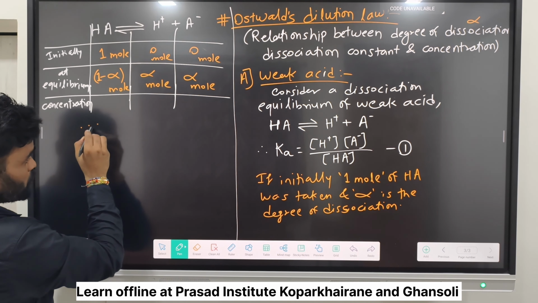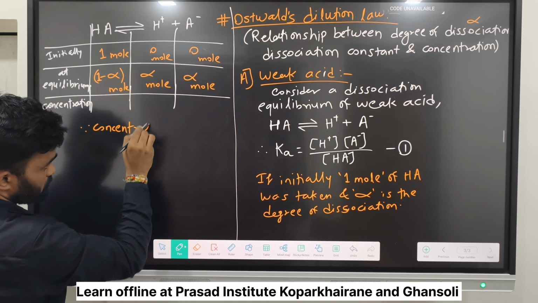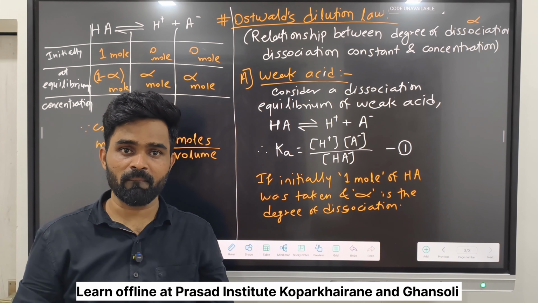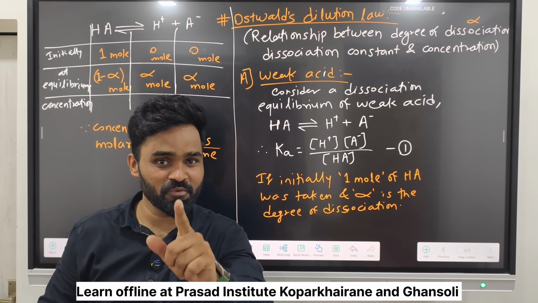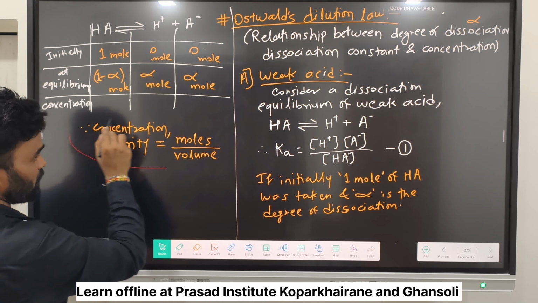Since concentration म्हणजे molarity is moles upon volume, and we already have moles here. जर आपण त्याला volume ने divide केलं तर आपलं काम झालं. बरोबर आहे? मग आपण त्याला असं लिहूया, since concentration molarity is equal to moles upon volume, therefore here we'll say 1 minus alpha divided by V will give you concentration of HA.